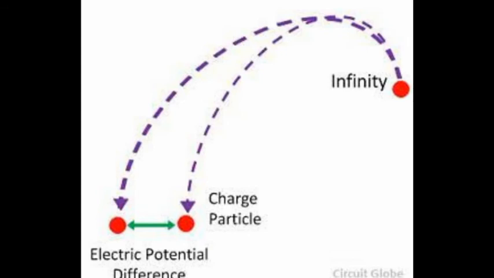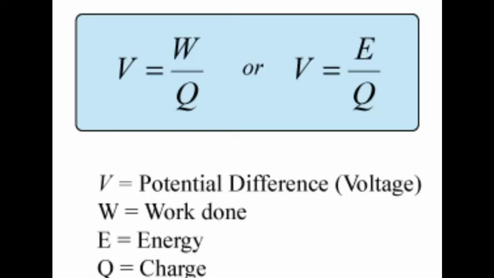The work done to move a unit charge from one point to another point is defined as the potential difference between those 2 points. The potential difference is also represented with the capital letter V, and the SI unit is volt.